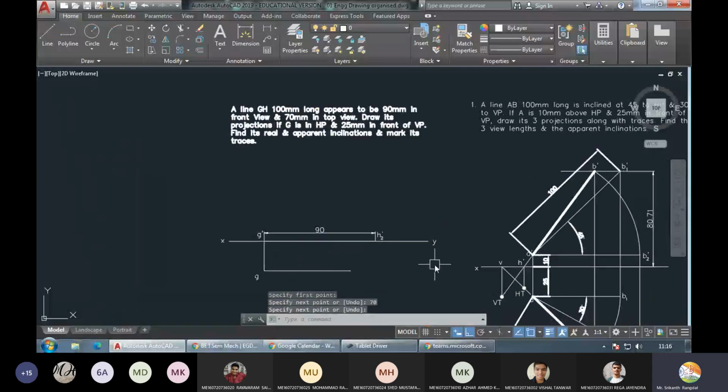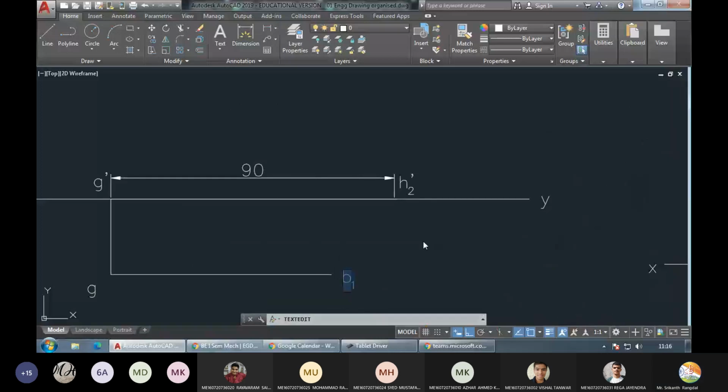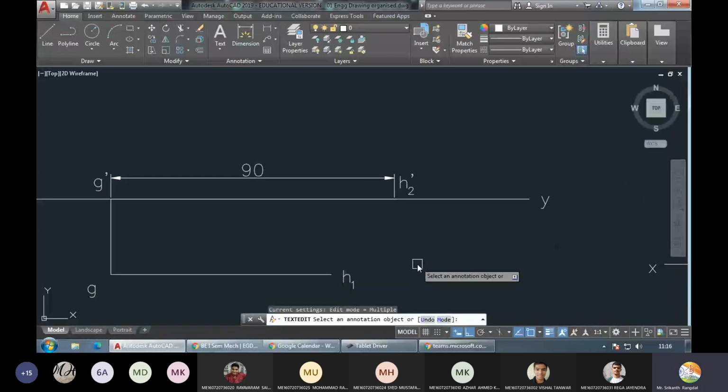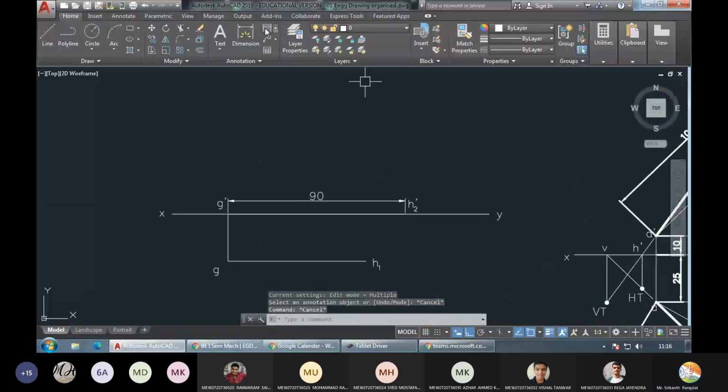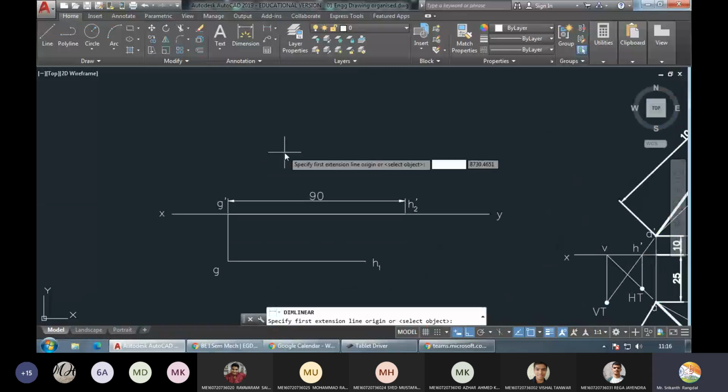What is this point? This point should be H1. This is the top view, H1. What is the length? Length is 70.